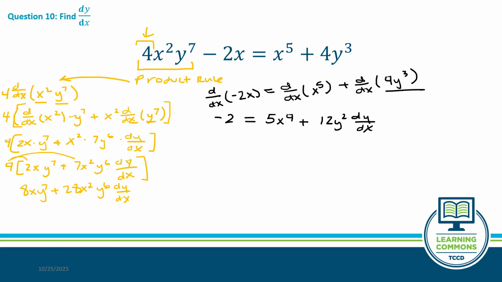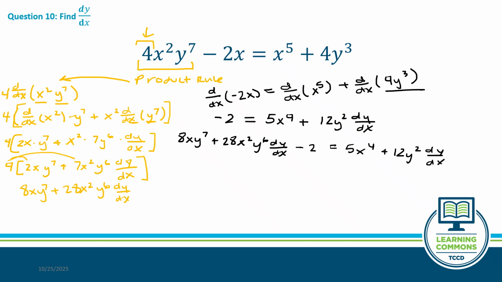Okay, so I'm going to write this all nice and beautiful. 8xy to the 7th plus 28x squared y to the 6th dy dx, not equals yet, minus 2 equals 5x to the 4th plus 12y squared dy dx.